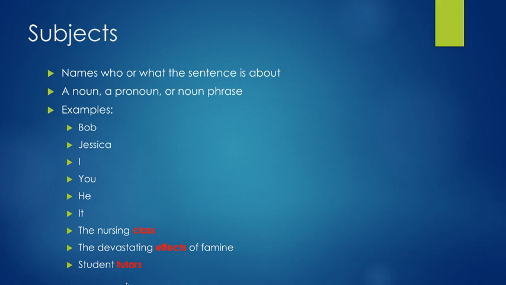So it is a bunch of words that has the noun that would be the simple subject of the sentence, but there are other words that help create that idea. So for example, the nursing class has three words. That would be the complete subject in a noun phrase.